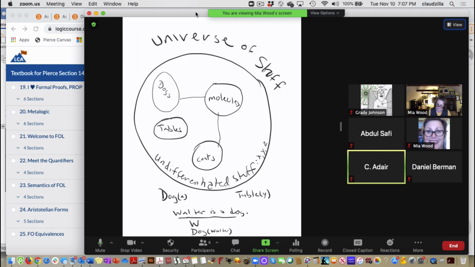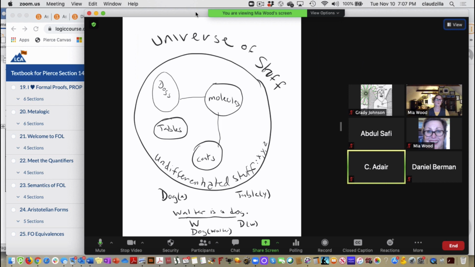Or we could do this, dog, w, lowercase for the name Walter. There are any number of naming conventions that we can use for the notation that we're going to adopt. But notice in each case the predicate has come first, and then the name Walter comes second. Notice up here, though, we've just got entity, stuff that's dog.